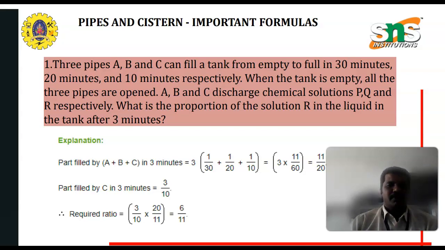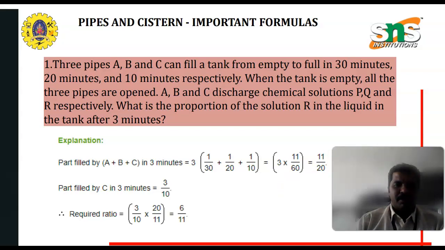Here we are going to see the explanation. The part filled by A plus B plus C in 3 minutes is 3 times A plus B plus C, so 3 into 1 by 30, 1 by 20 and 1 by 10. So we get 11 by 20. The part filled by C in 3 minutes is 3 by 10.